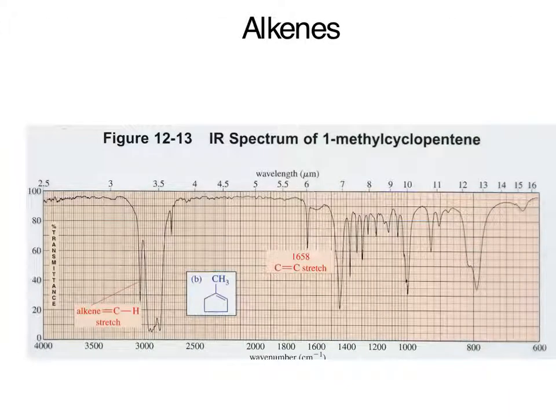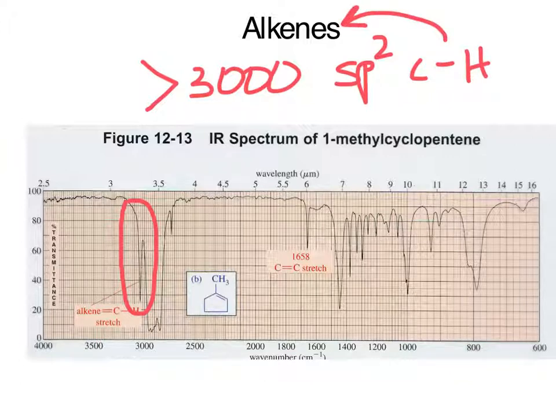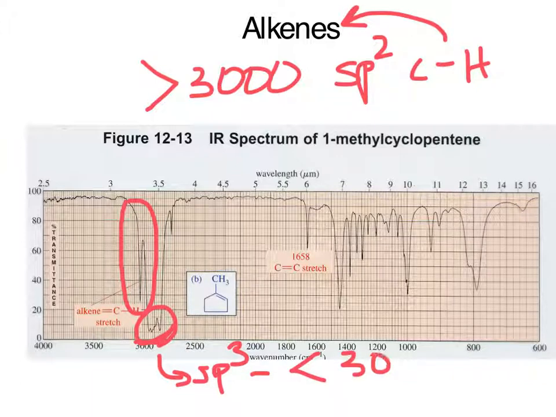If we move on then to the alkenes, we start to see some changes. And we see that there is a unique stretch above 3,000. And that is associated with an sp2 hybridized CH, and that is most often associated with an alkene. We still see our CH stretches for an sp3 hybridized carbon, and those are again below 3,000 reciprocal centimeters.